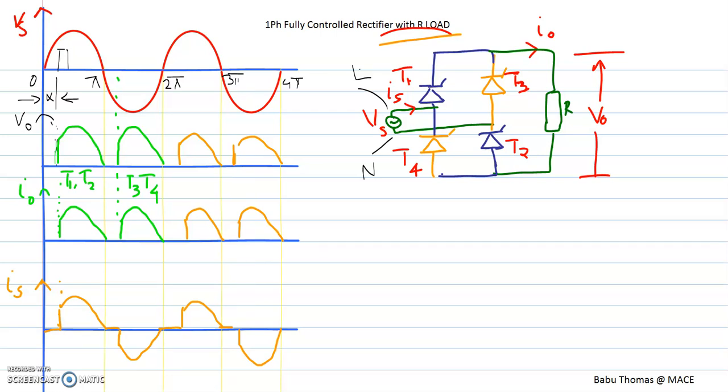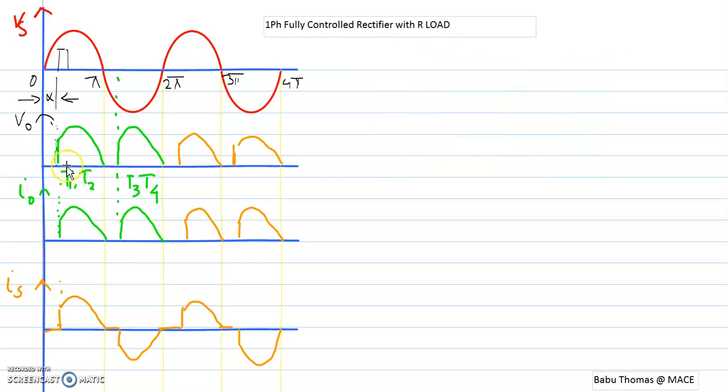Now we can also do the analysis of how we can find out the average output voltage, the average output current and the RMS value of output voltage. So first we are going to define the output voltage equation. You can see that the time period of your output voltage is pi. So therefore your output voltage V0 will be 1 by pi, that is 1 by time period, integration from alpha to pi Vm sin omega t d omega t.